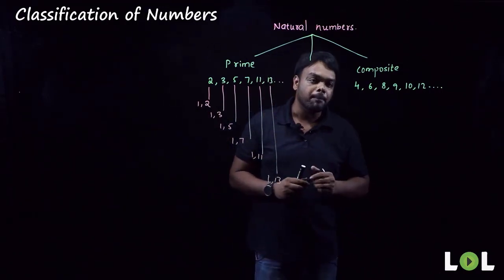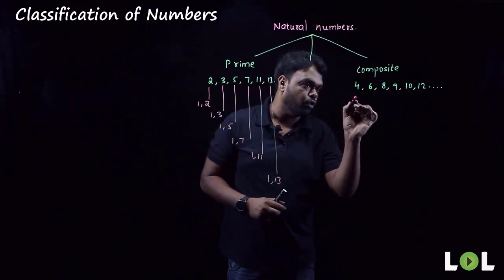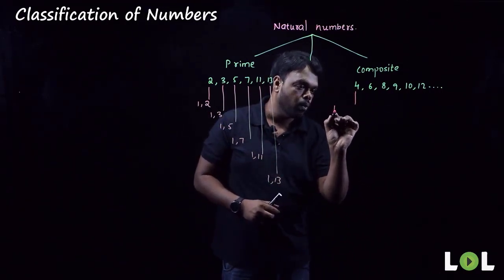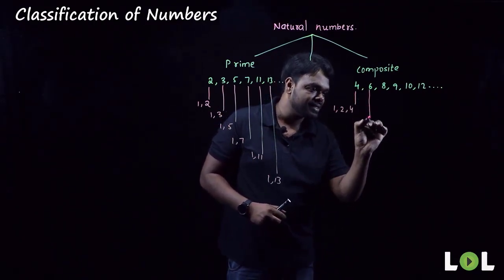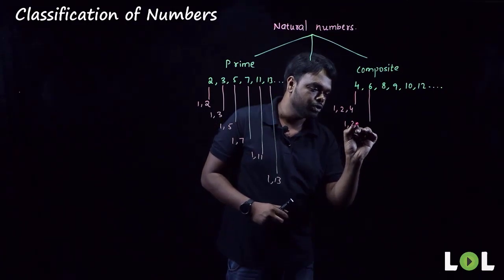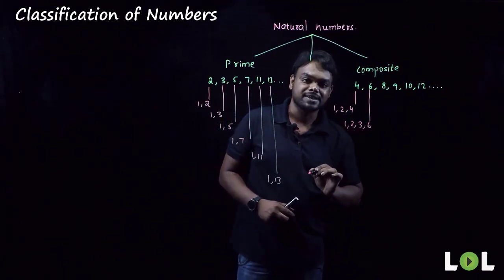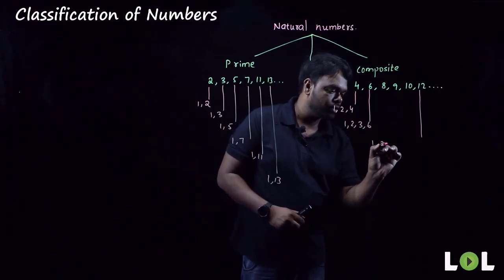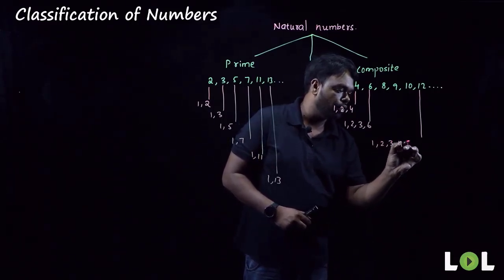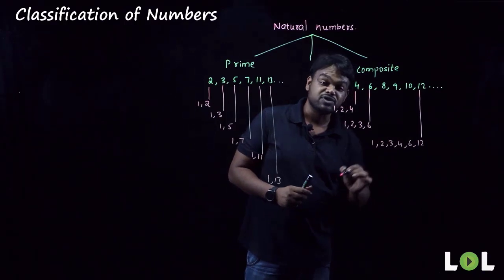Now coming to the composite numbers, if I write the factors of 4, I'll get 1, 2, 4. 3 factors are there. 6: 1, 2, 3, 6. Again, if I write for 12 directly, I'll get 1, 2, 3, 4, 6, 12. 6 factors are there.